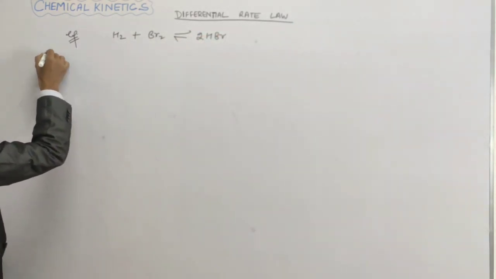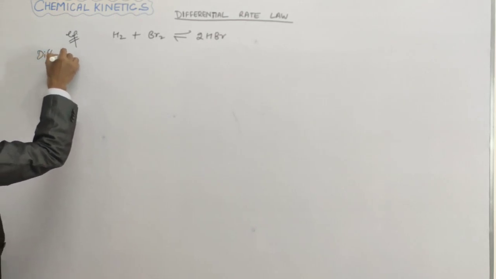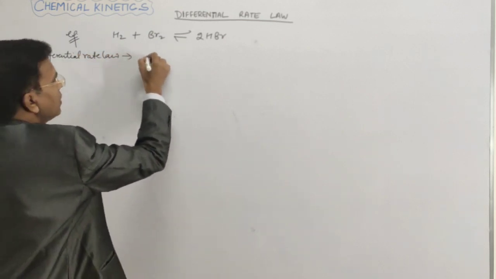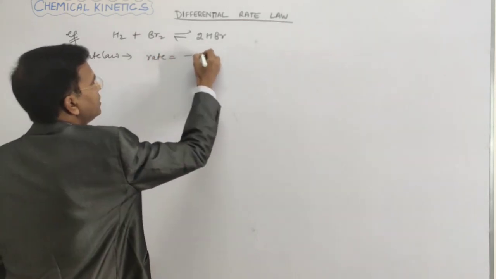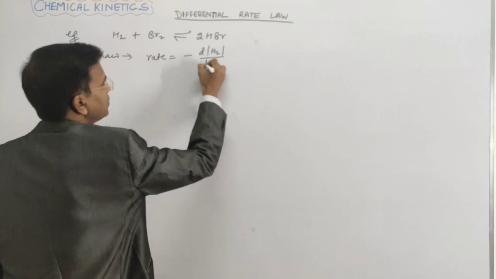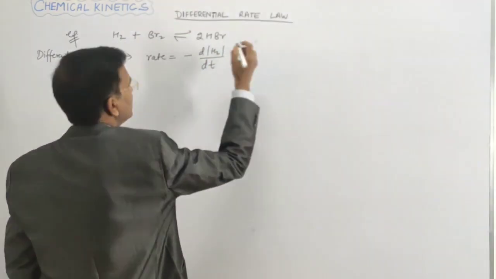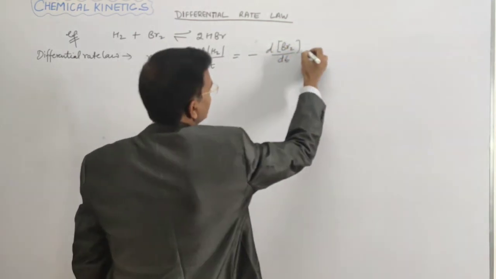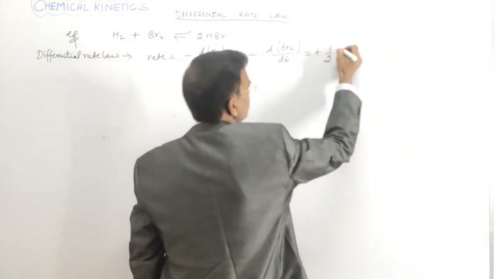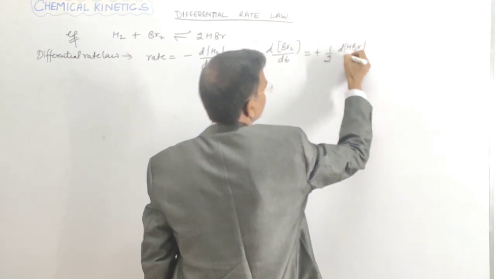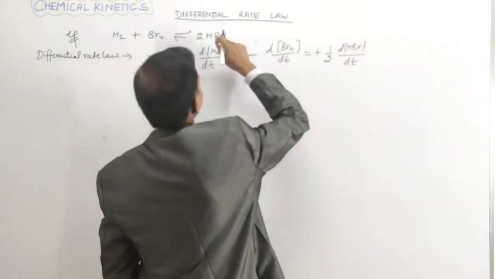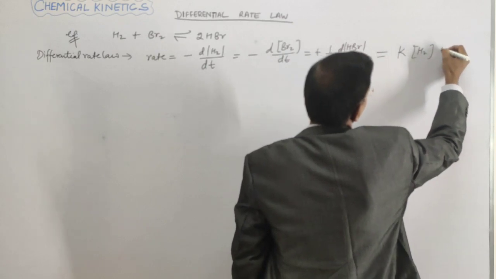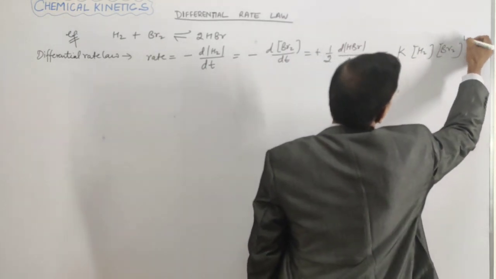So this time the differential rate law is: rate is equal to minus d[H2] upon dt is equal to minus d[Br2] upon dt is equal to plus 1 by 2 d[HBr] upon dt, and it is equal to K [H2] [Br2] to the power 1 by 2.